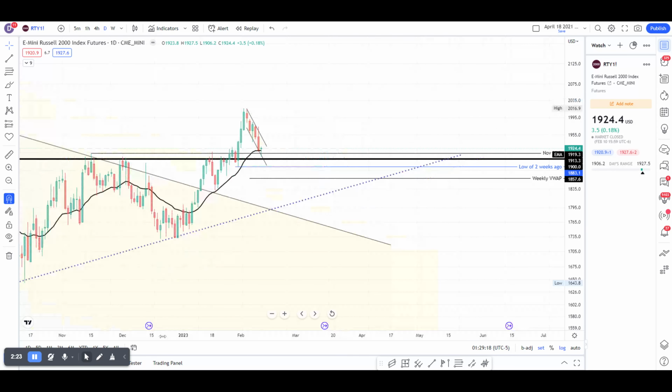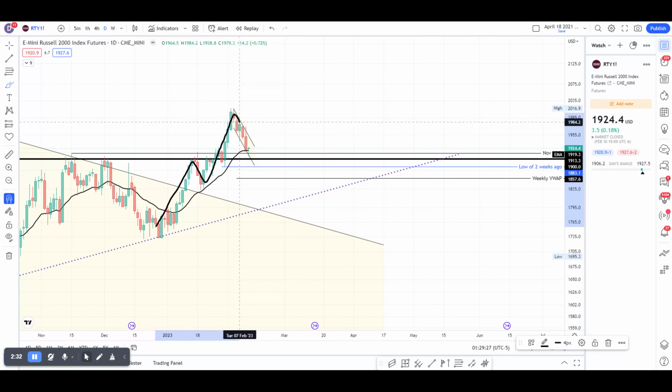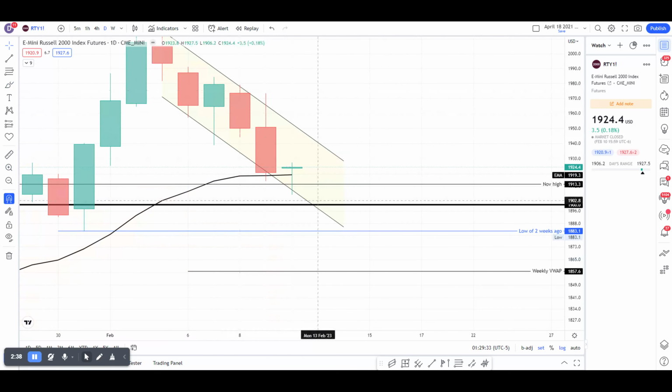As you can see, we've had a rally, a pullback, a leg up again, and now pulling back. And look where the market closed. It closed right above the 20 EMA of the daily. This is important, a good sign for the bulls.